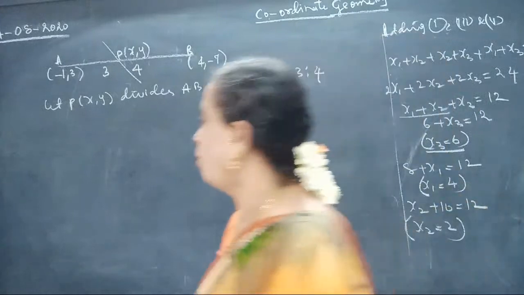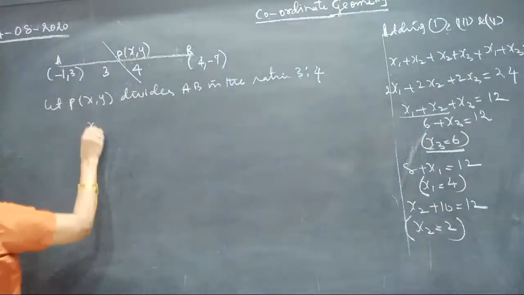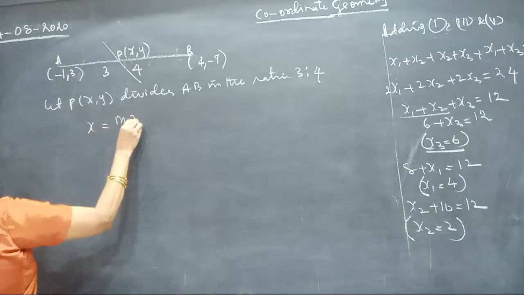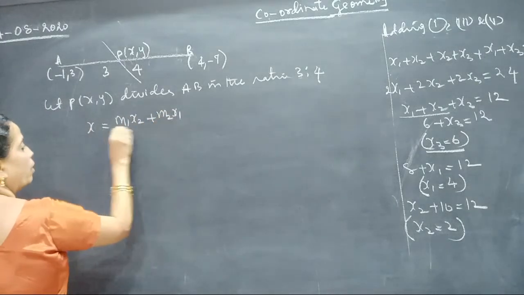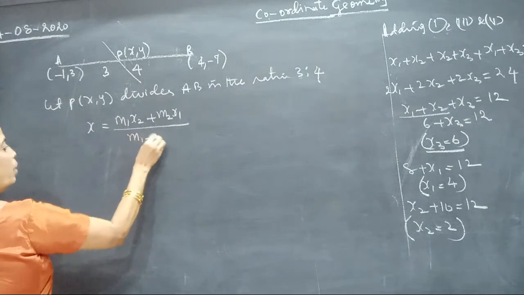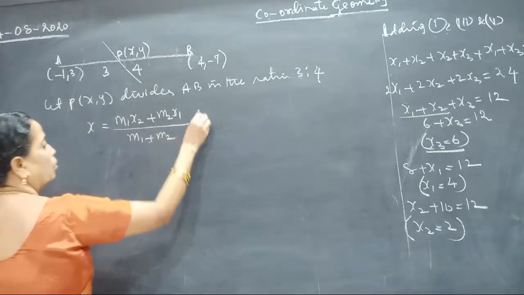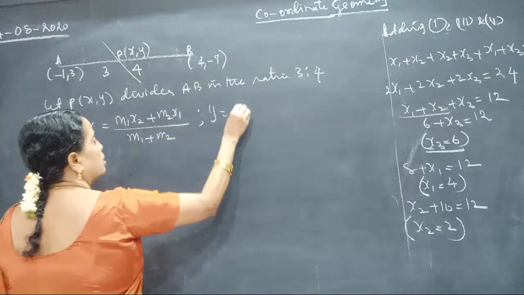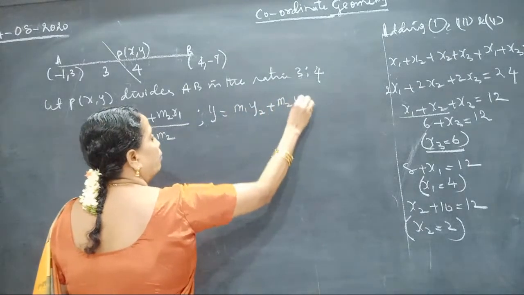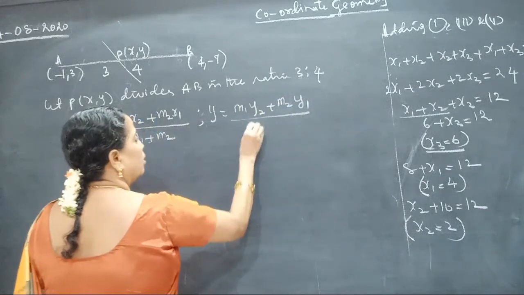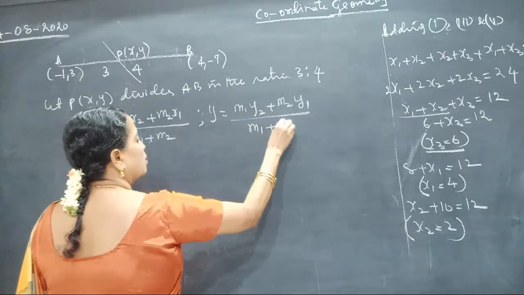Apply the section formula: x equals (m1 x2 plus m2 x1) by (m1 plus m2), y equals (m1 y2 plus m2 y1) by (m1 plus m2).